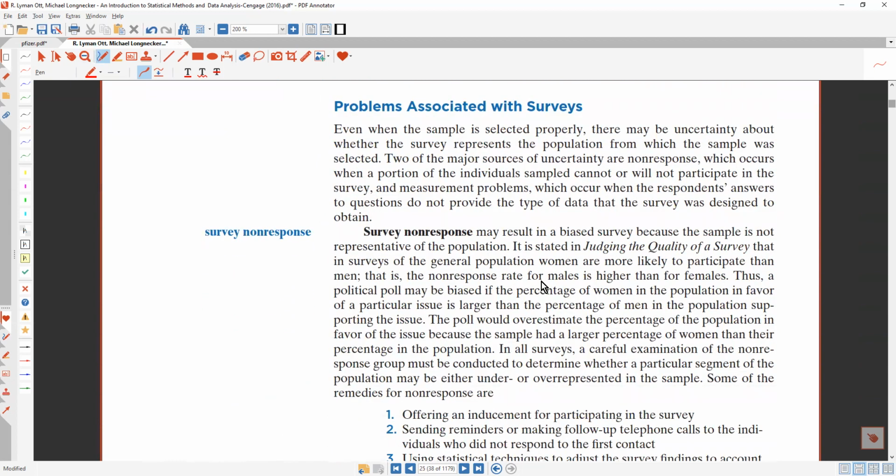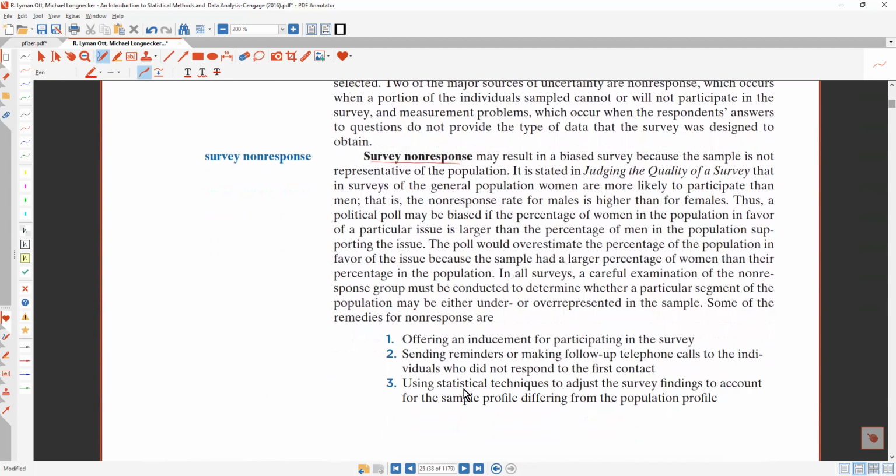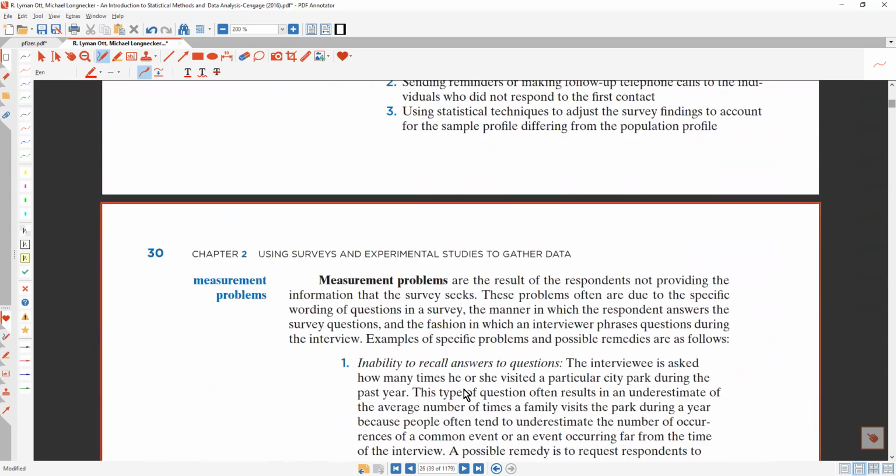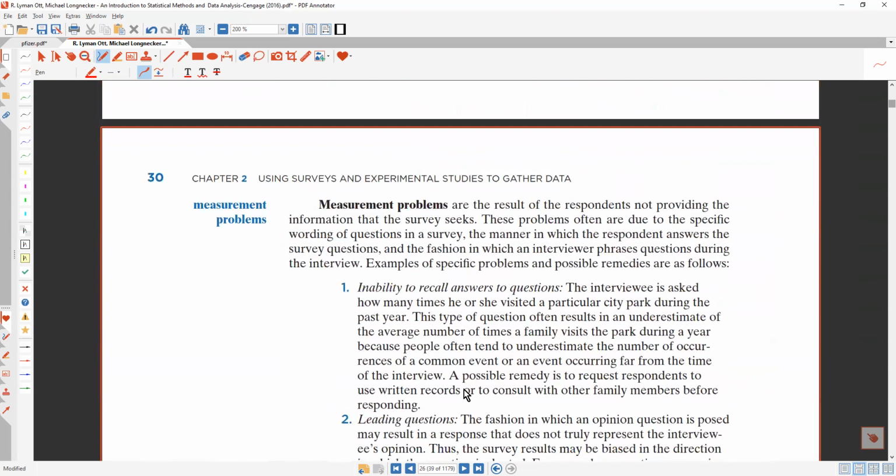We've talked a little bit about the problems associated with surveys, survey non-response. And again, that was the idea that maybe some people just don't like to answer their phones. Well, if they don't like to answer their phones, you're not getting that person's data. And maybe that piece of information would have been very important in your experiment, in your survey. Measurement problems.